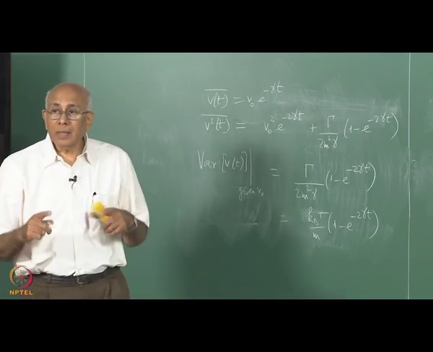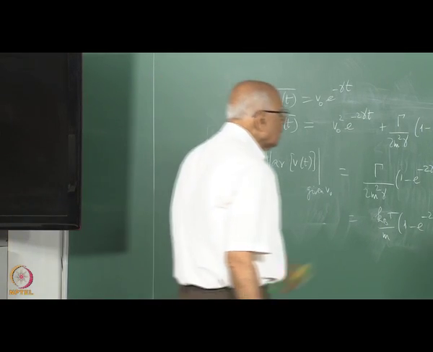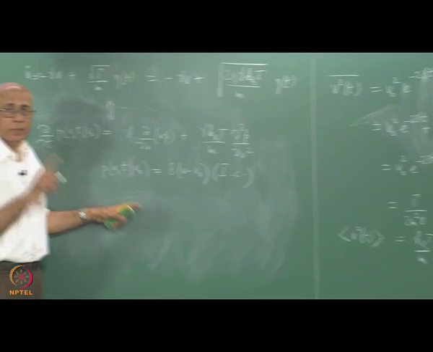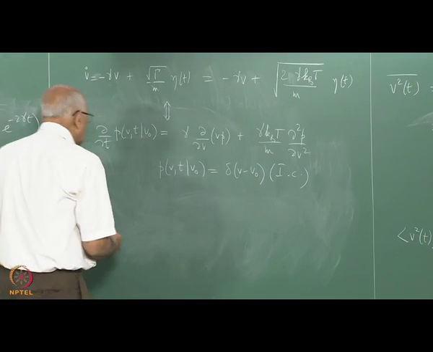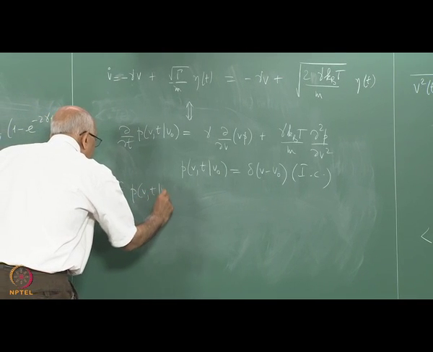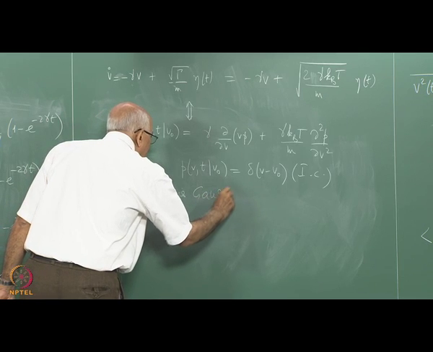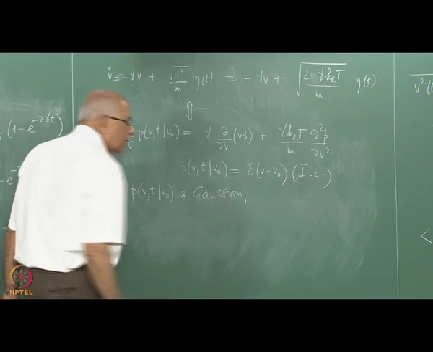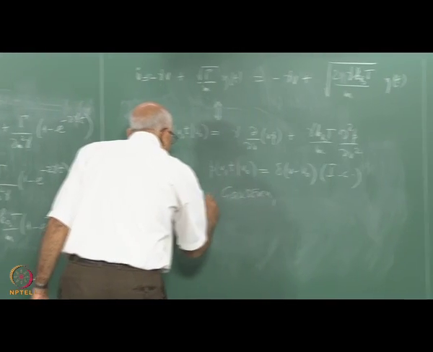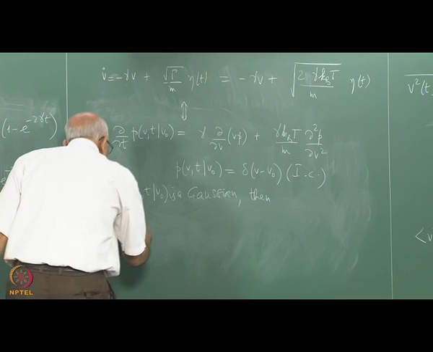If I now assert without proof at the moment that the solution to this with this initial condition is a Gaussian, then we can write it down.